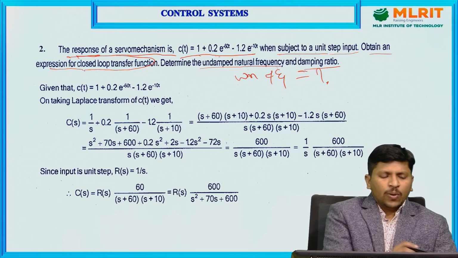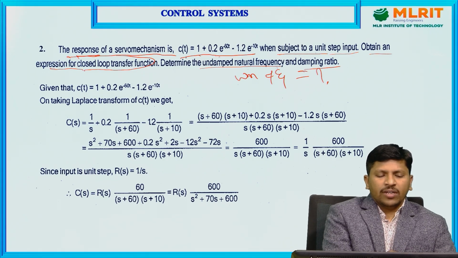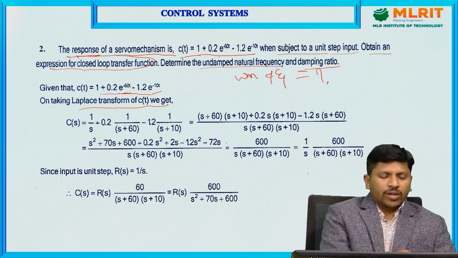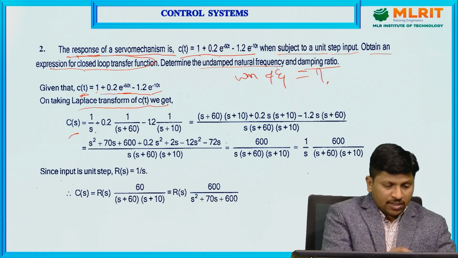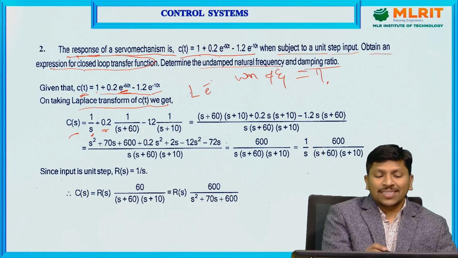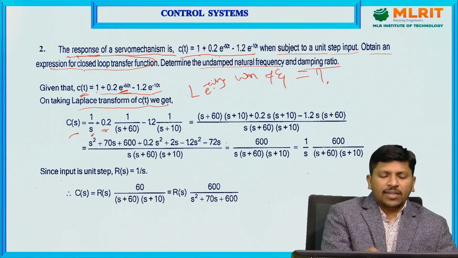Okay. So here the given time response is c(t) = 1 + 0.2 e^(-6t) - 1.2 e^(-10t). Taking Laplace transform on both sides, Laplace of c(t) is C(s). Laplace of 1 is 1/s, then 0.2 times the Laplace of e^(-at), that is equals to 1/(s+a).